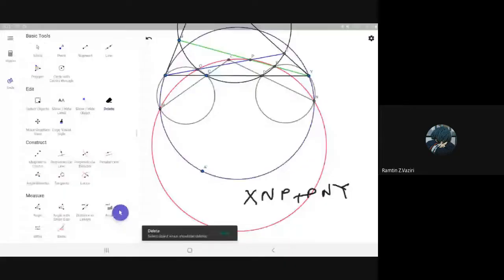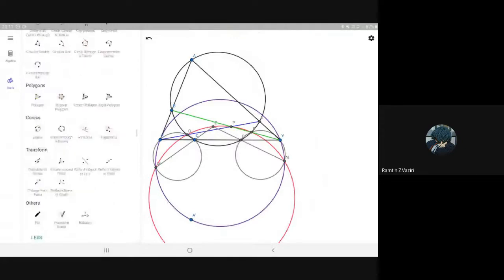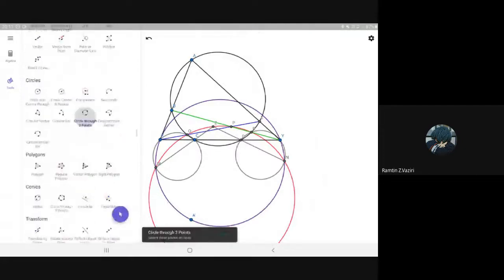What were you suggesting about this to be? Isn't MCDN cyclic? Can you repeat the four points?